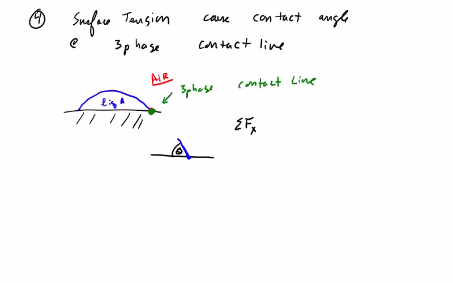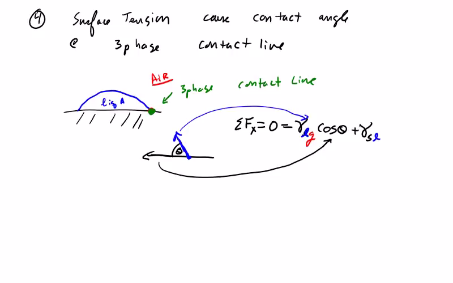And so what we could do is say that the sum of forces in the x direction is equivalent to 0 if it's in equilibrium, and that equals gamma of the liquid and the gas, in this case air, times the cosine of theta, so there's essentially a force this way, plus gamma of the solid and the liquid, which is essentially to say that there is a force this way, and then minus gamma of the liquid gas, which is essentially a force this way.